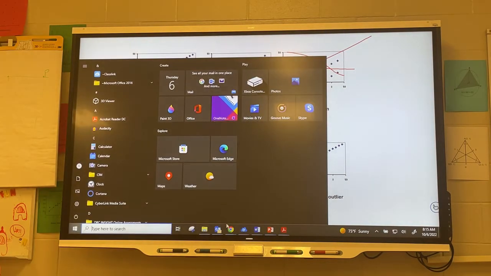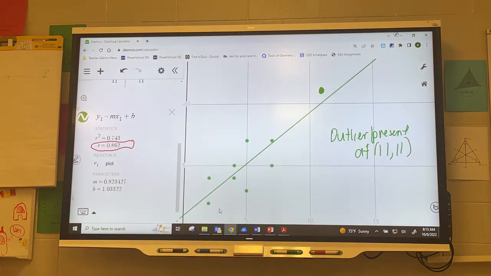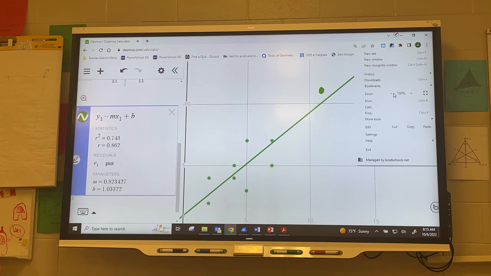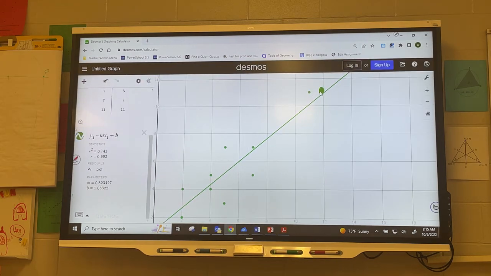I'm going to talk to you guys about one more thing as it relates to your Desmos graphing calculator. So let's delete these numbers. With Desmos graphing, you're also exposed to the scale, where you can change the scale that you're using.